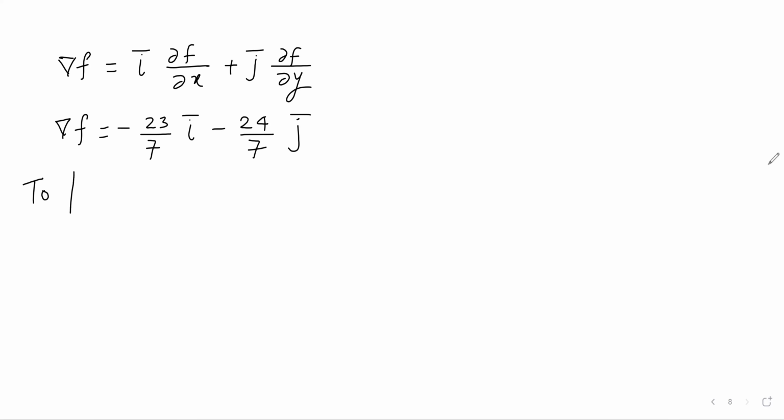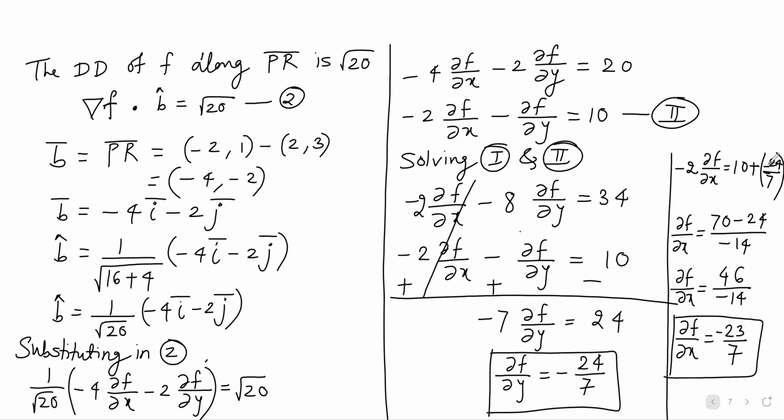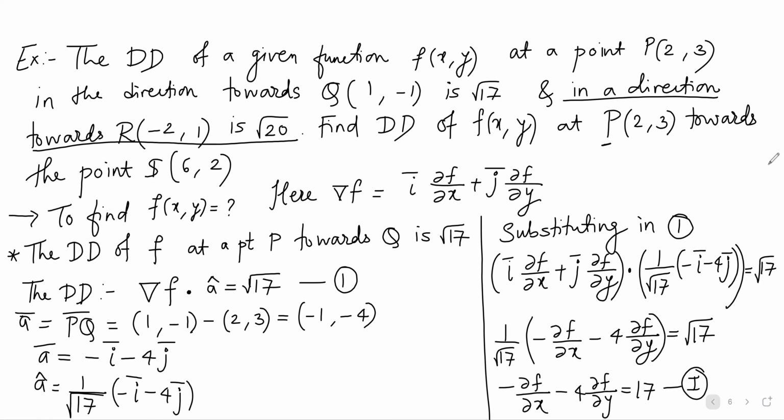I have to find the directional derivative of f along PS. We have seen it, PS. So directional derivative of phi from P to S. P is (2, 3), S is (6, 2).